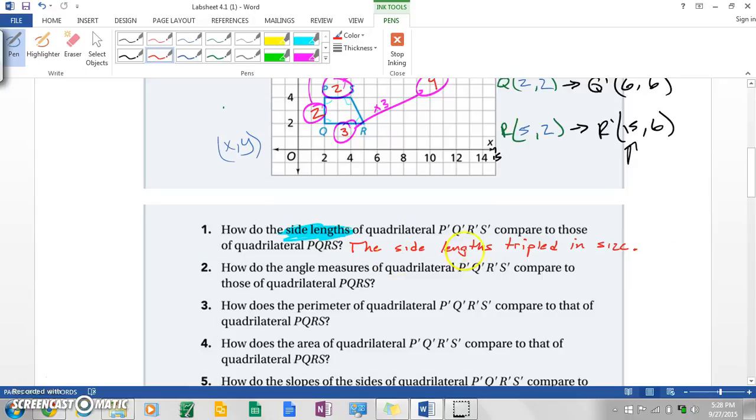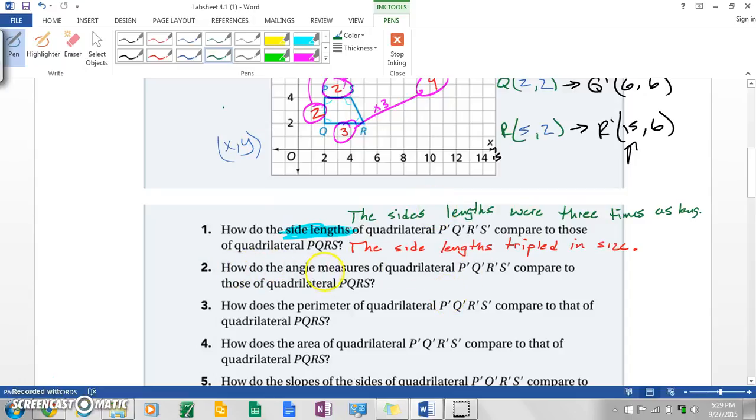Another way to write this exact same thing, and you can write either one, is the side lengths were 3 times as long, indicating that it takes 3 times to get to the new one. We got that from our scale factor.